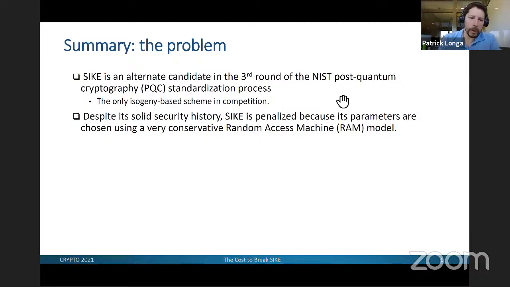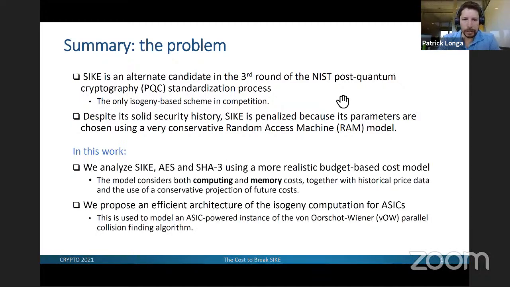So what we do in this project is try to analyze the security of SIKE in comparison with AES and SHA-3, which are used to set the NIST security levels, using a more realistic budget-based cost model that takes into account both computing and memory costs.